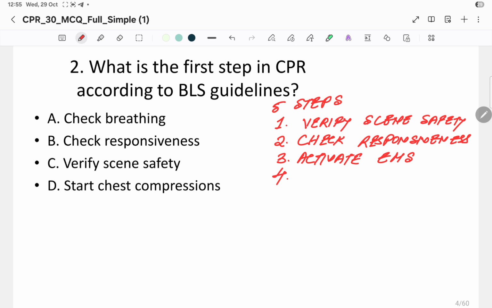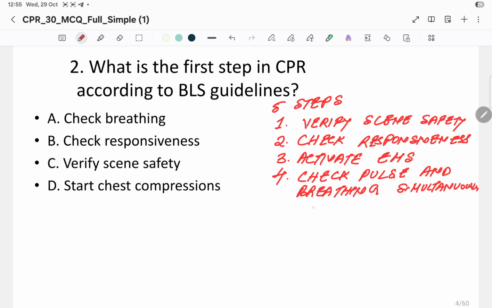Step number 4, we have to check pulse and breathing simultaneously within 10 seconds.